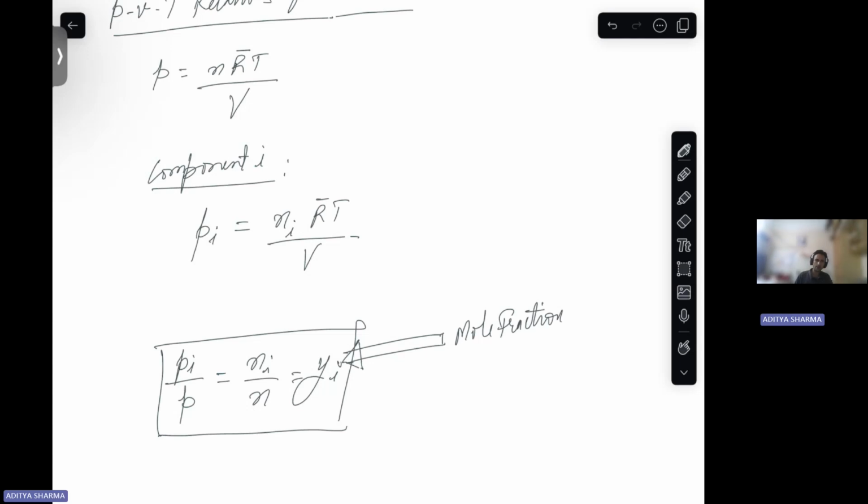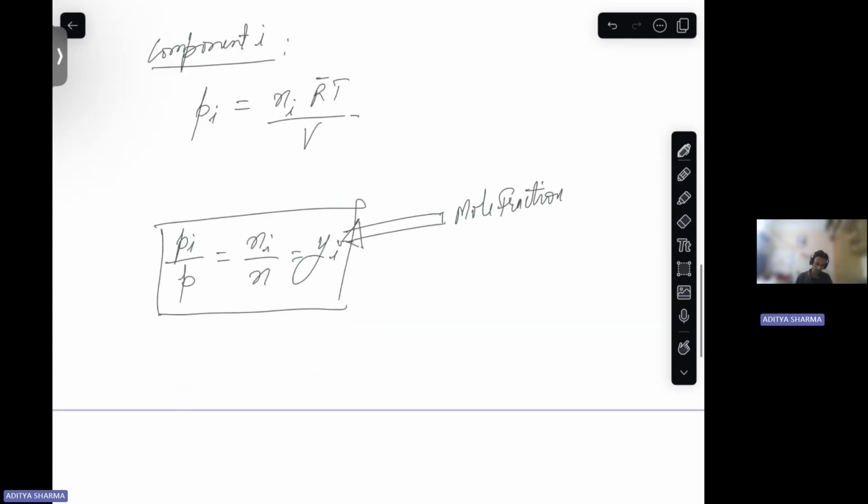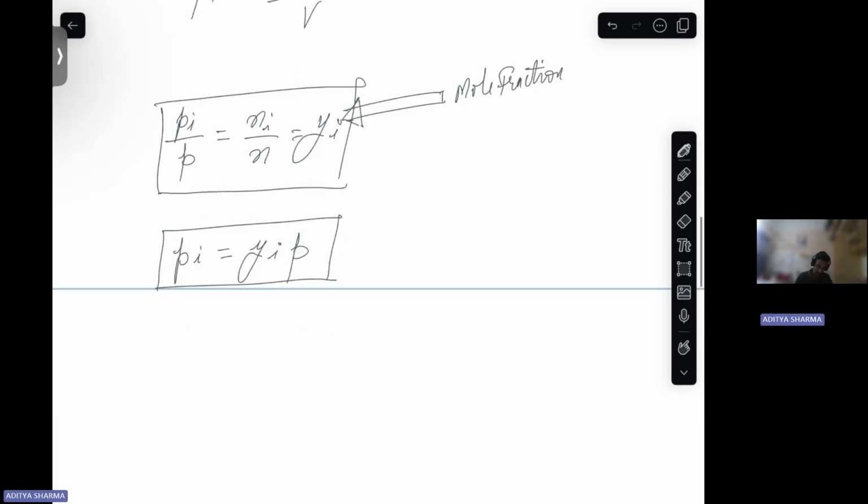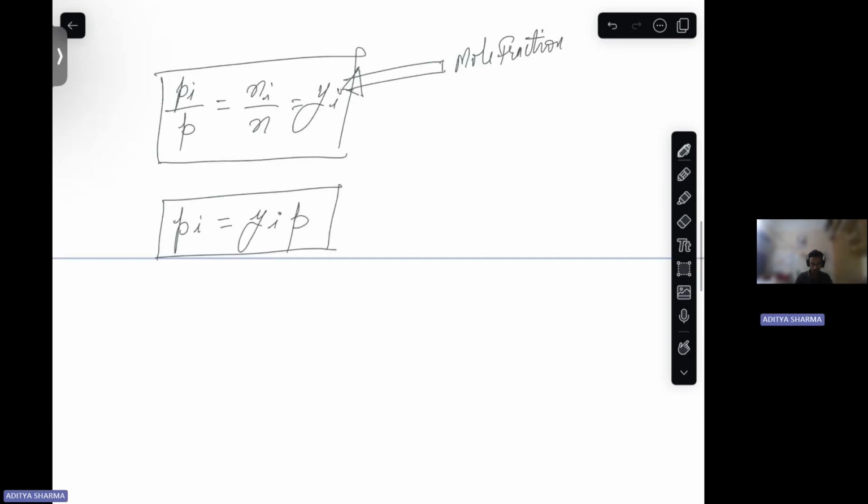So similarly for volume also, so this is your partial pressure, Pi. So from here you can have Pi equals yi times P. So this is your partial pressure in terms of the component's mole fraction and the total pressure of the mixture.